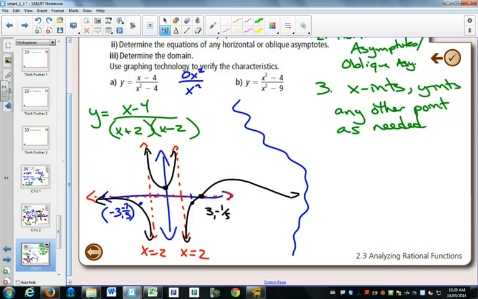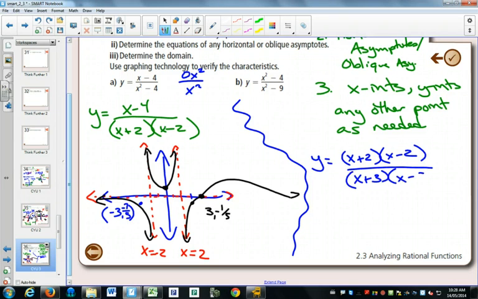Second one. First of all, we factor completely. X plus 2, x minus 2, x plus 3, x minus 3. And we start with our vertical asymptotes. Can you see that there will be 1 at minus 3?